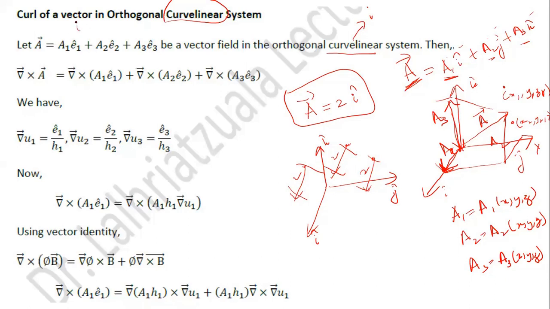In place of your i cap, you now have tangential unit vectors e1 cap, e2 cap, and e3 cap. And A1, A2, and A3 are functions of u1, u2, u3, the coordinate variables.